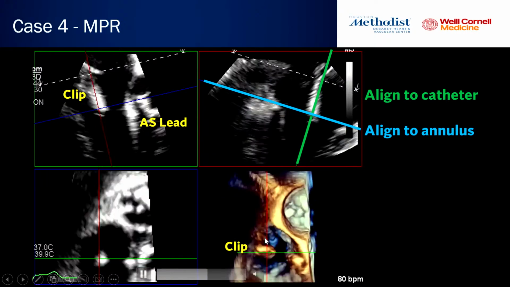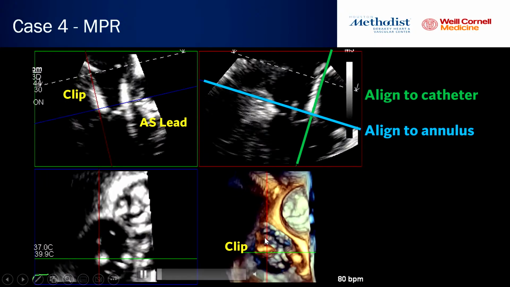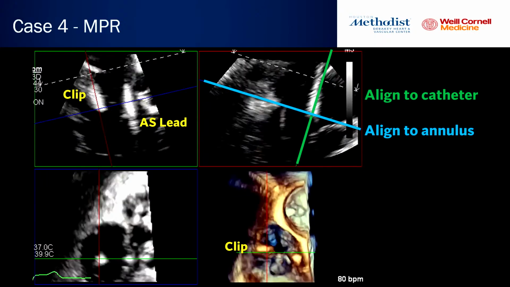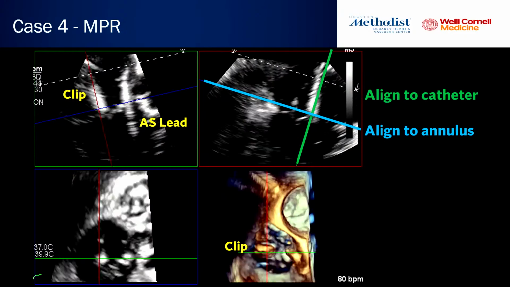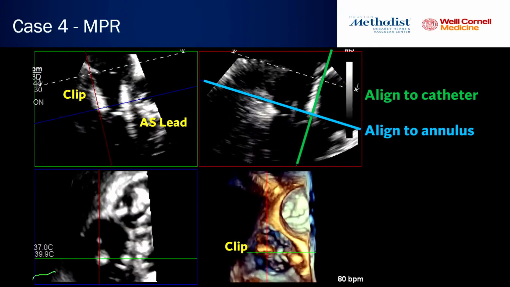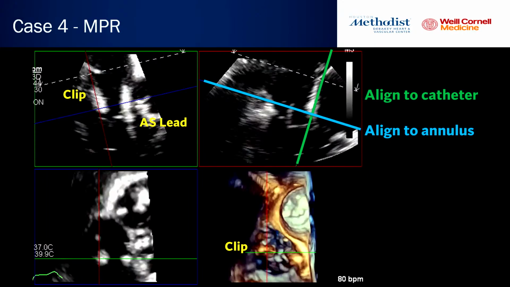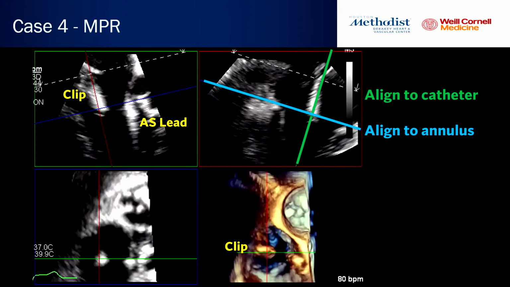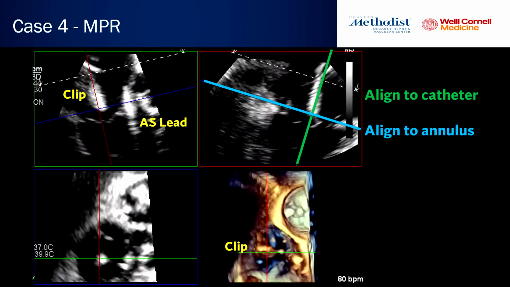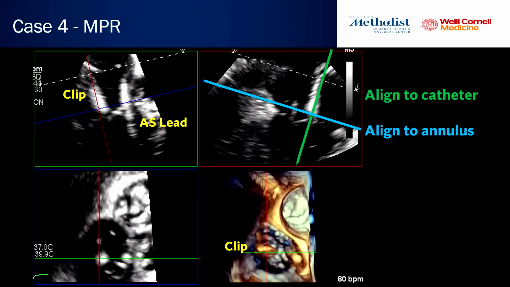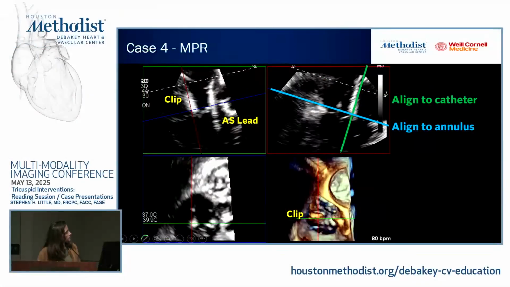So Dr. Little just corrected me. We don't move the green line to the catheter. We move our catheter towards the green line, with discussions with our interventionalists, so we can position correctly.